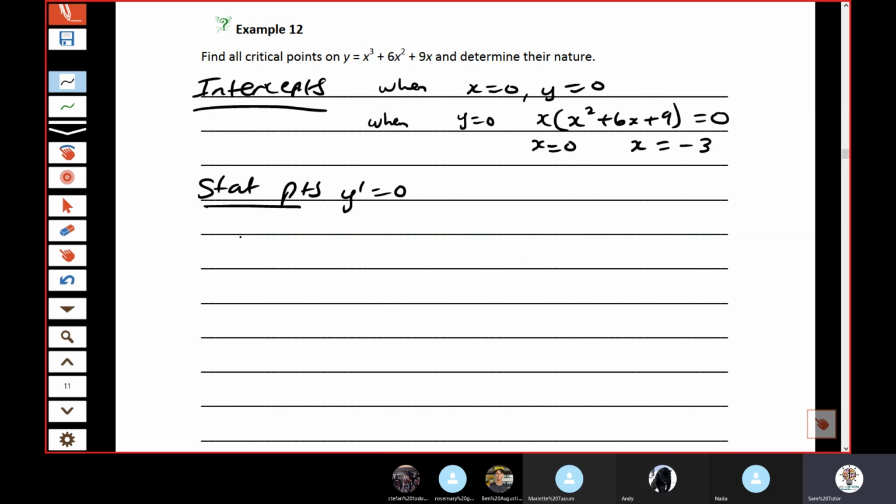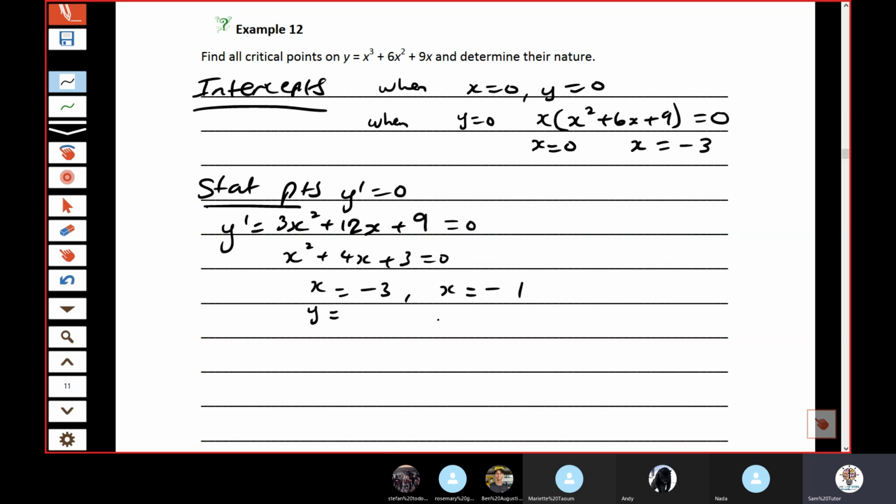Y dash is 3x squared plus 12x plus 9. I can see I can divide everything by 3, so I'm just going to do that. And I think I can see my factors 3 and 1. So x equals negative 3 and negative 1.